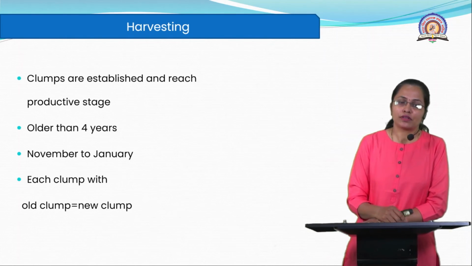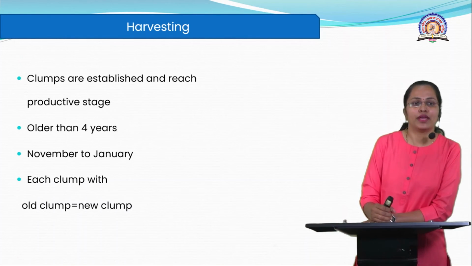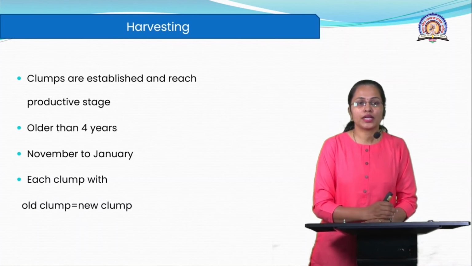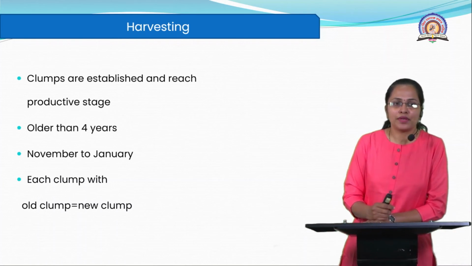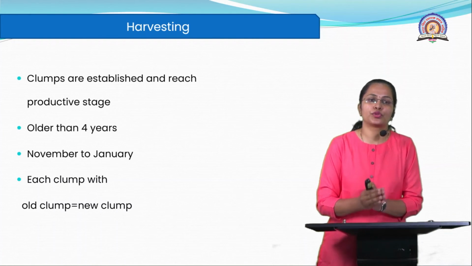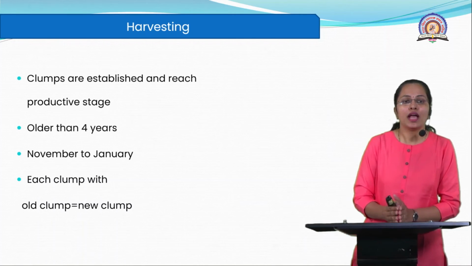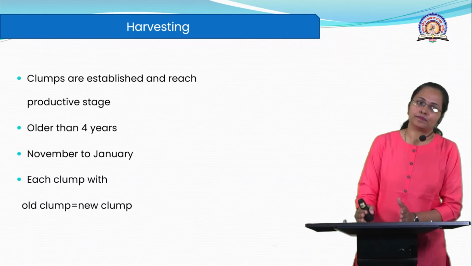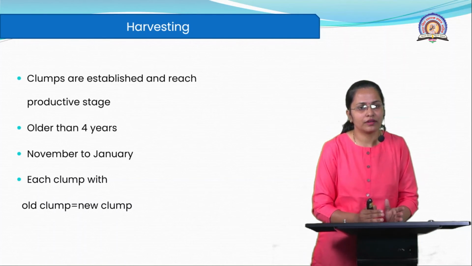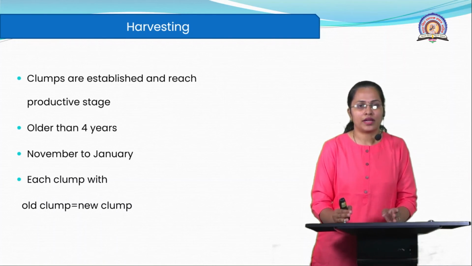The next and last important thing which we have to manage is harvesting of bamboo. The clumps of bamboo, when established and having reached proper productive age, should be removed. They should be harvested from the field. The clumps which are older than 4 years should be harvested.